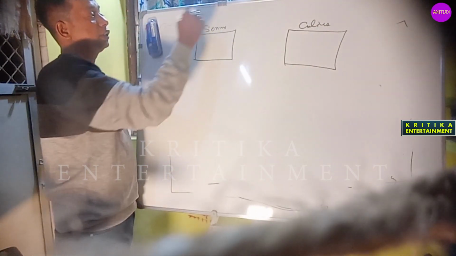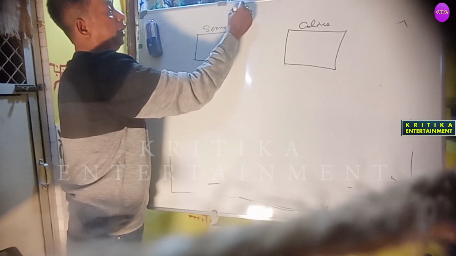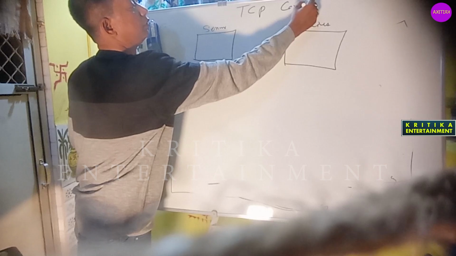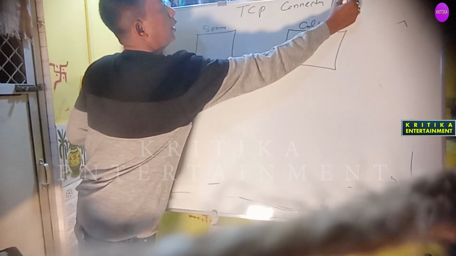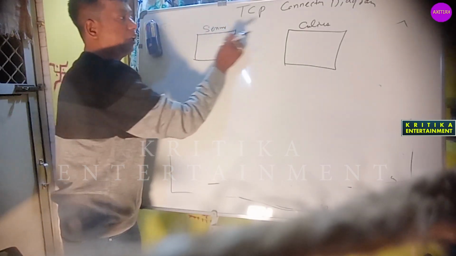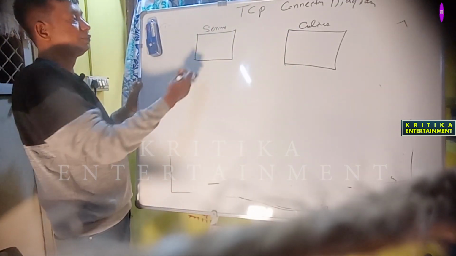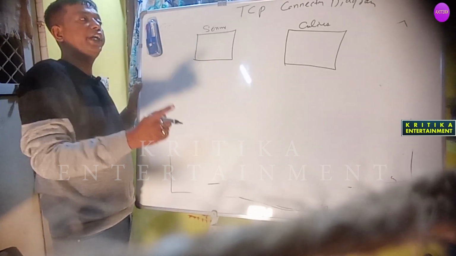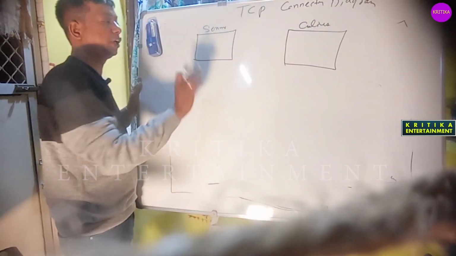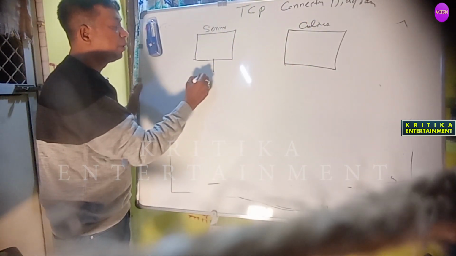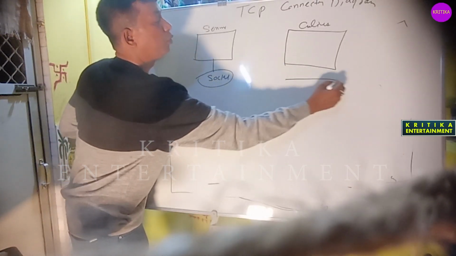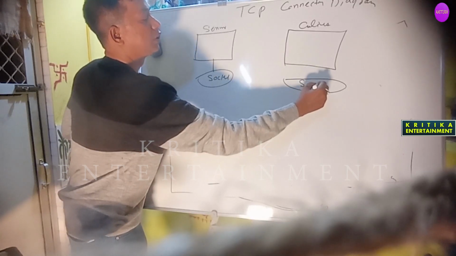Let's discuss the TCP connection diagram. This is a server and this is the client. I have told you the socket is declared on both sides: the server side has a socket and the client side has a socket.